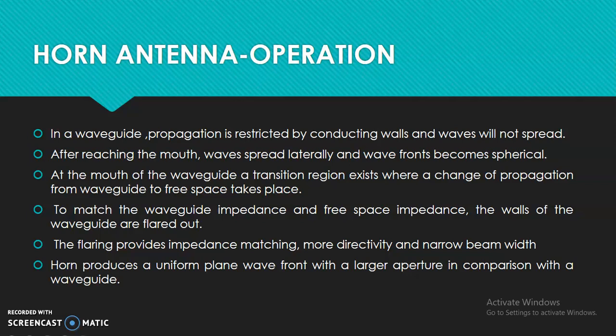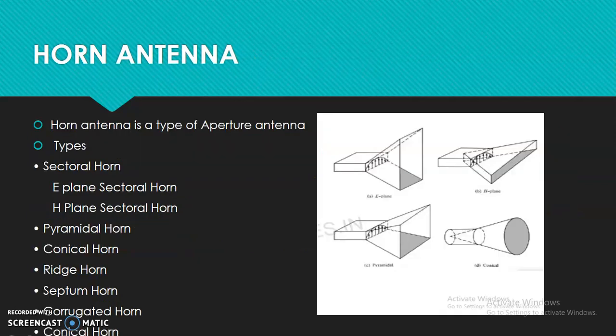So it is opened up to match the waveguide impedance and the free space impedance. The flaring provides impedance matching, more directivity and narrow beam width. Horn produces a uniform plane wavefront with a larger aperture in comparison with the waveguide.